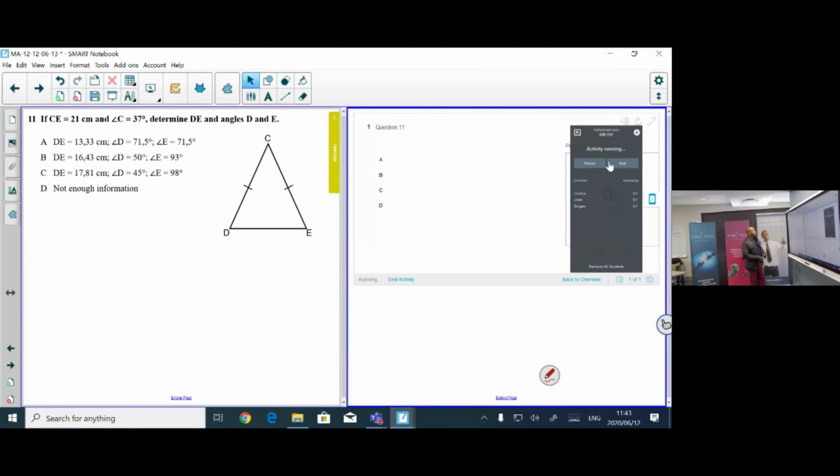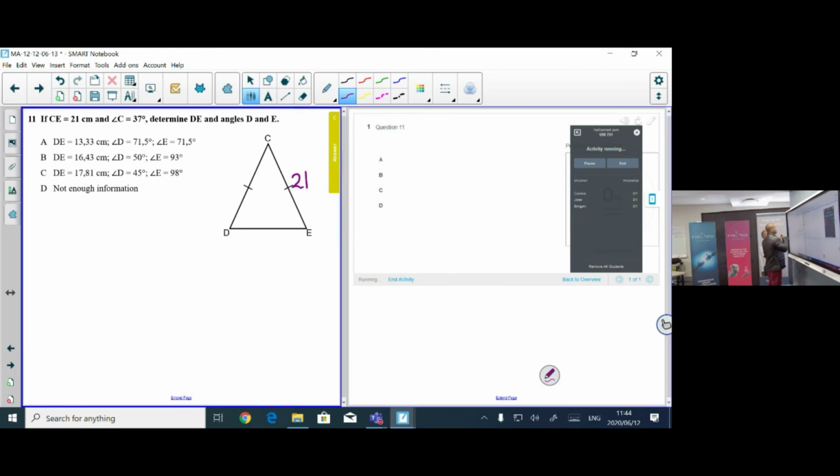This question, just to decipher it a bit, is looking for CE, or rather CE is actually given, which is what? Let's just put that information down and then you will solve it. C is given as 21, always read the whole question. C, the angle, is 37.